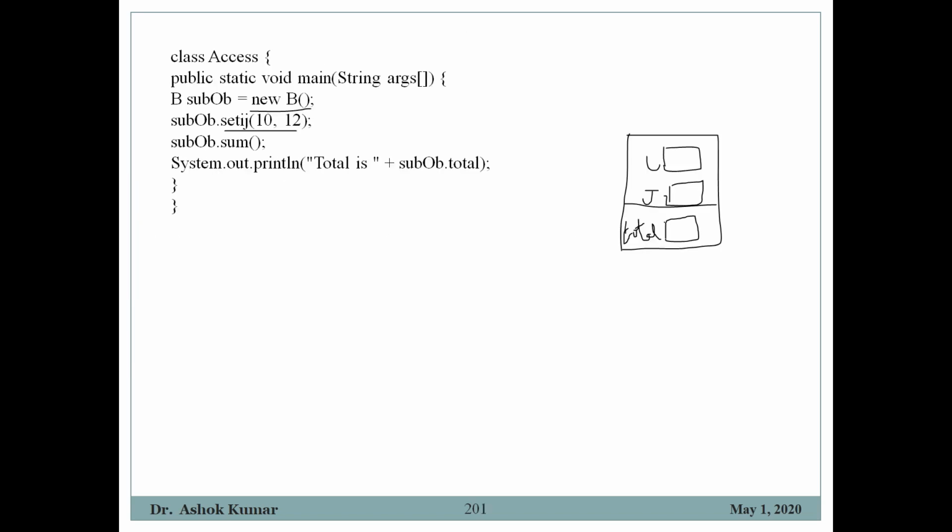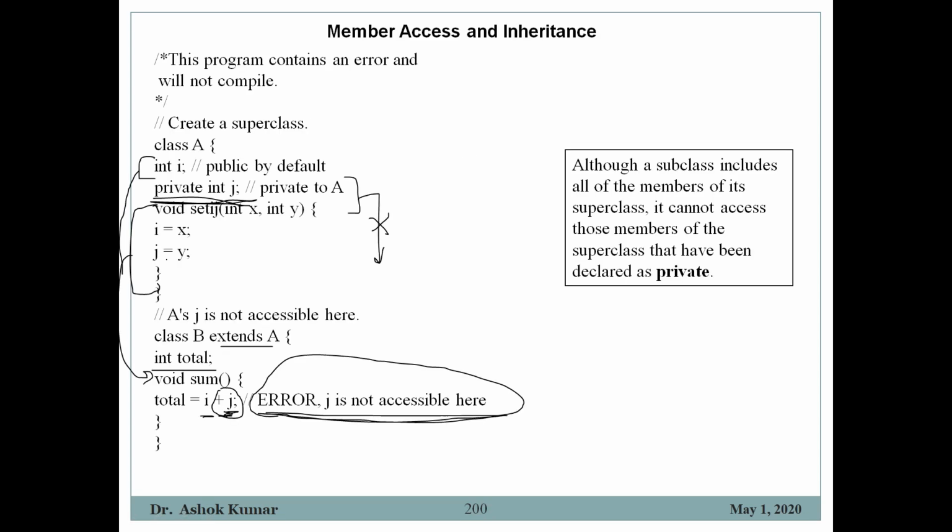See, now the thing is, this j we are assigning some value to, but it is a private member. This can be accessed through the methods of the superclass only. So we are assigning value to j, but through the method of the superclass, set ij. Subclass cannot access j directly. This is the meaning of private.